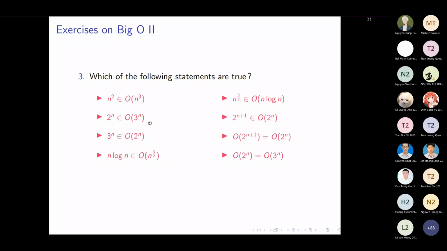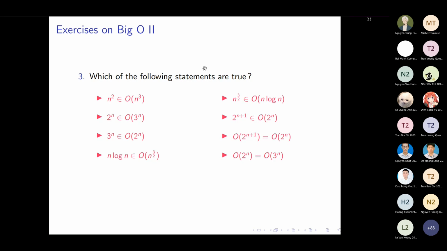For the second one, it is true because 2 to the n is always less than 3 to the n as n is greater than 1. So in this case, I choose C is 1. So C satisfies the requirement. Okay.